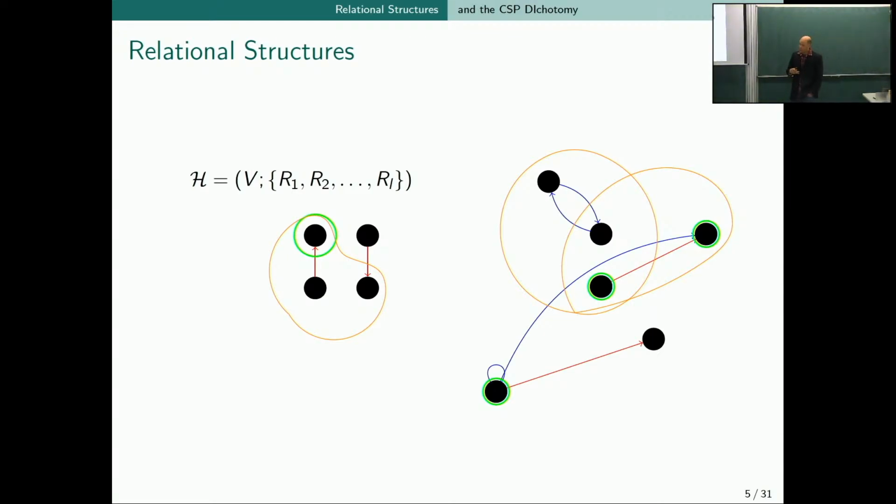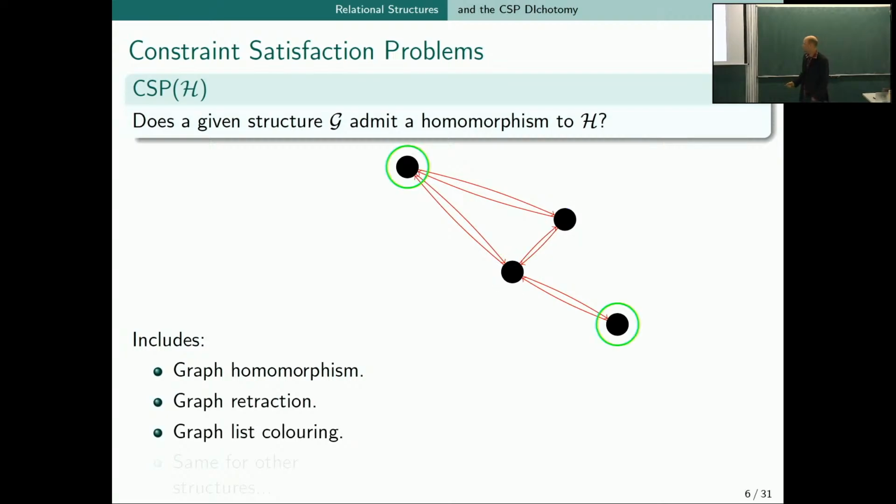If we want to make a list version of a problem, I have to put in all possible unary relations: for every subset of the vertices, I add a unary relation for that subset. And so I can assign lists in CSP. So we have homomorphism, retraction, list coloring, and we can do this for all sorts of structures, for hypergraphs, for two edge-colored graphs, which we're interested in, and so on.